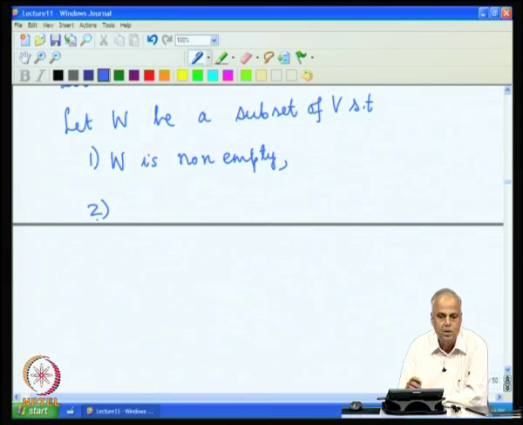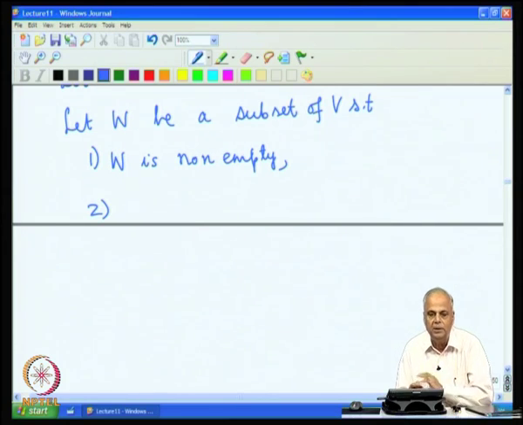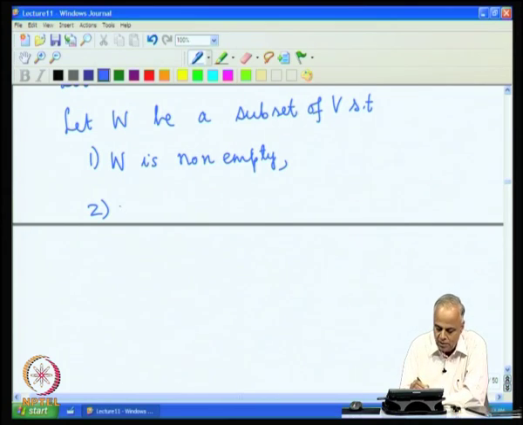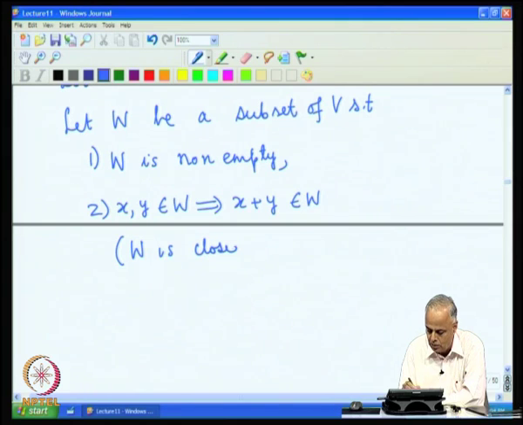And the LS was closed with respect to addition, that is addition did not take us out of LS. Similarly, if we are in W, if we take any two vectors, the sum must also be in W. We say W is closed under addition.